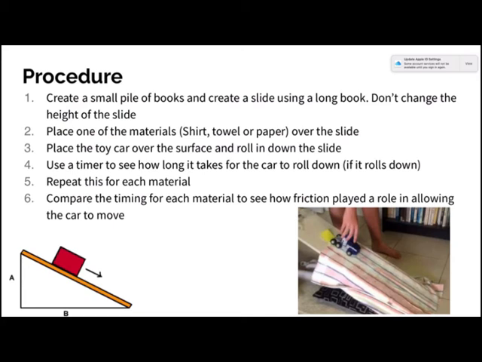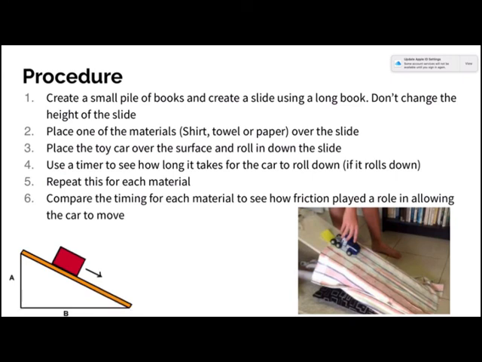Firstly, create a small pile of books, then place a longer book on top of the pile, creating a slide. Don't change the height of the slide and make sure that your car slides down your book slide. Place one material, this could be a shirt or a towel or paper, over the slide.